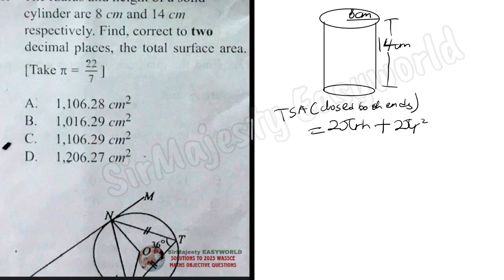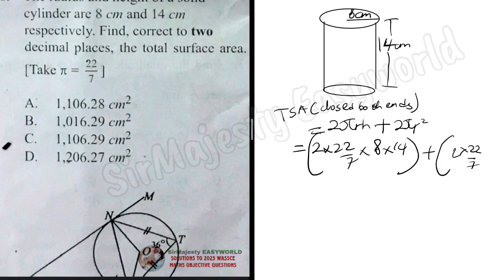So we're going to solve this equation. I'm going to replace the values. So this will be 2 multiplied by, say, take pi as 22/7, multiply our radius as 8, and by our height as 14, plus 2 multiplied by our pi as 22/7, multiplied by our radius as 8 square.